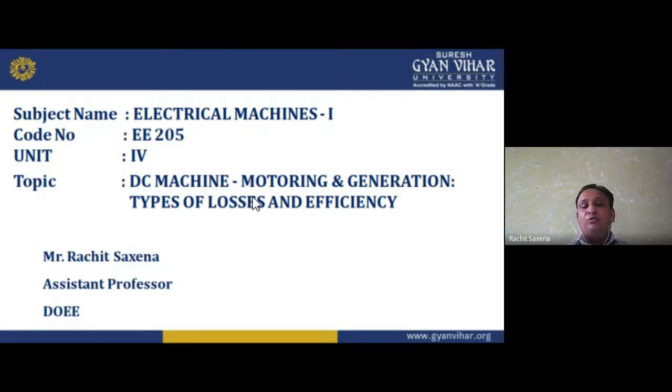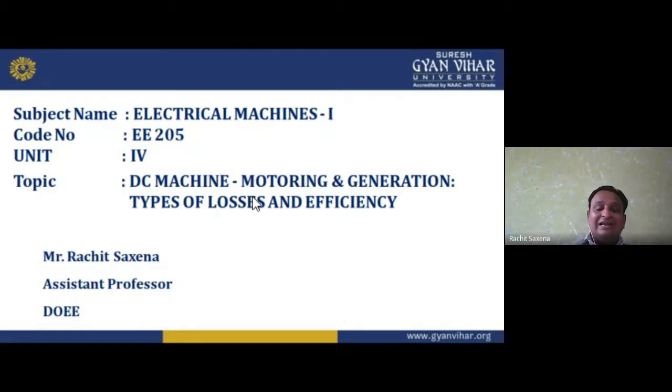For example, in the DC motor we are giving power, energy, voltage, current, and taking out rotation, revolution, torque, and speed. So we are converting electrical energy into mechanical energy. I hope you understand this. Similar to that, in a generator we apply torque, force, speed, rotation, revolution, whatever mechanical energy, and in the output we take power, energy, voltage, and current.